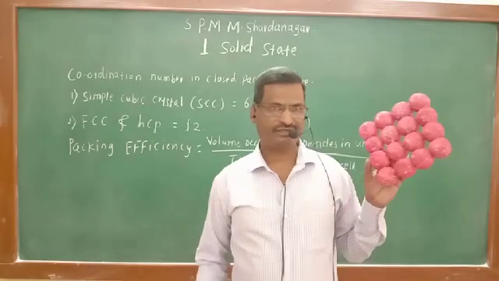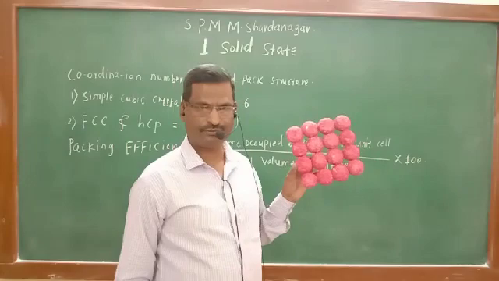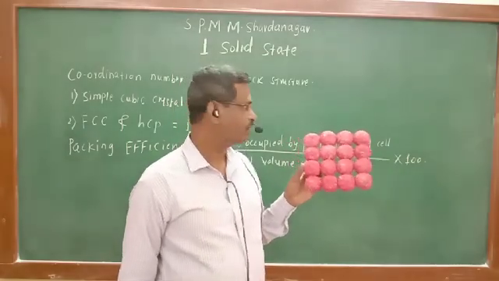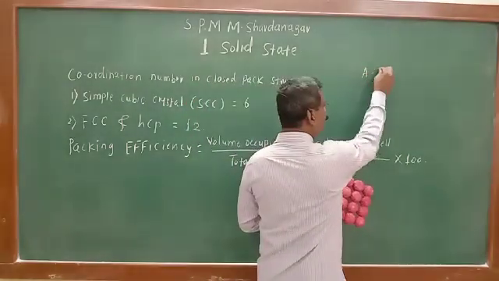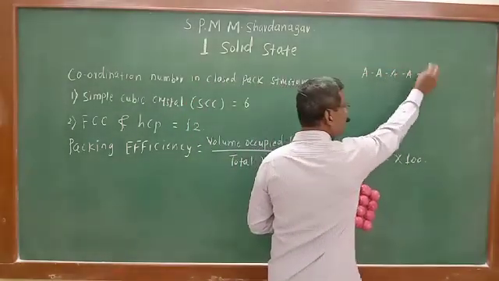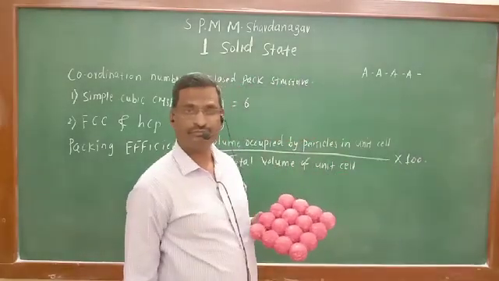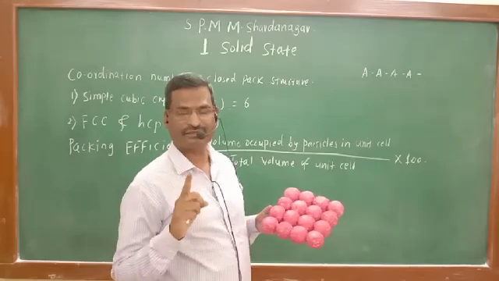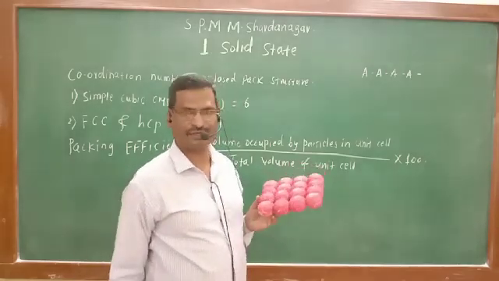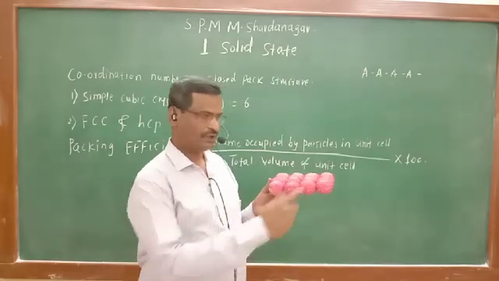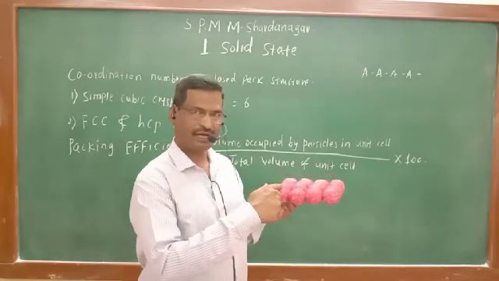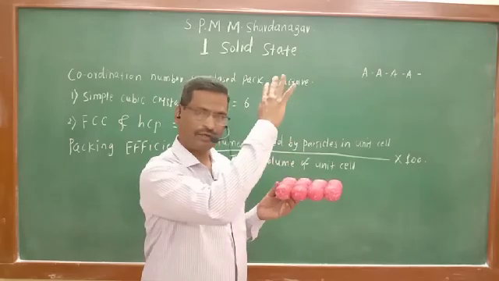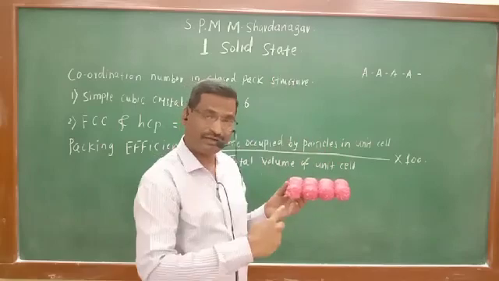Whenever this type of two-dimensional packing is used to form the three-dimensional structure, this type of arrangement is possible, and it gives only a simple cubic crystal structure, SCC, because the crests of one layer are covered by the crests of the second layer horizontally as well as vertically.